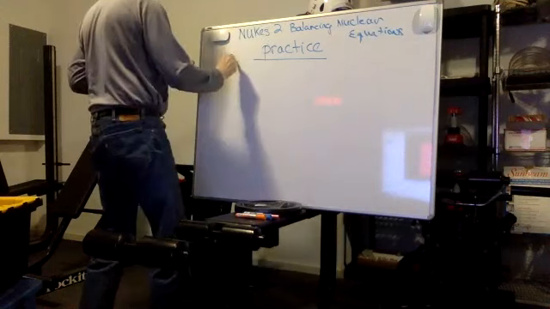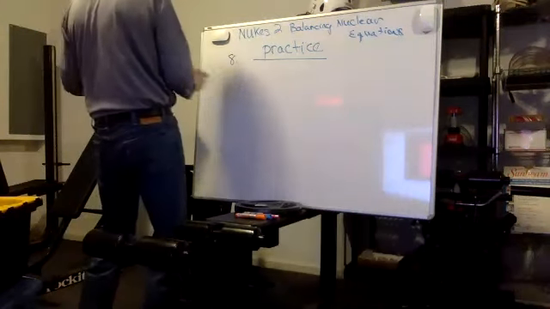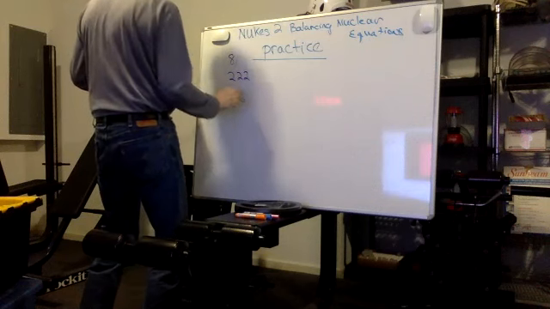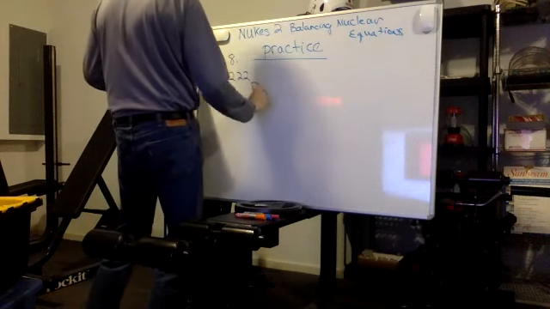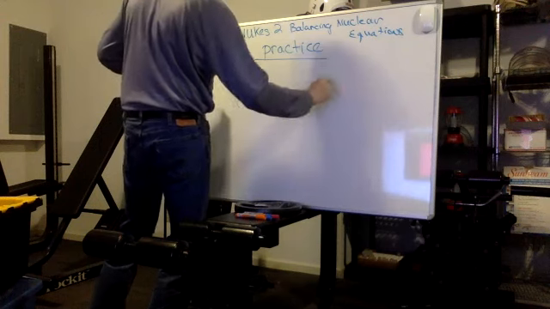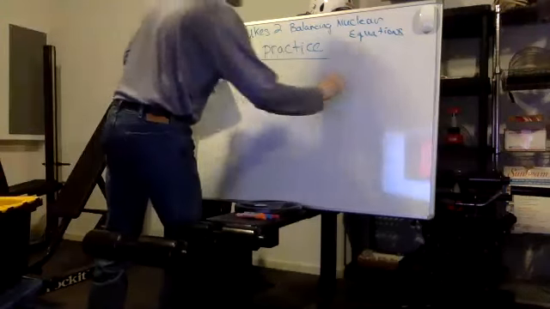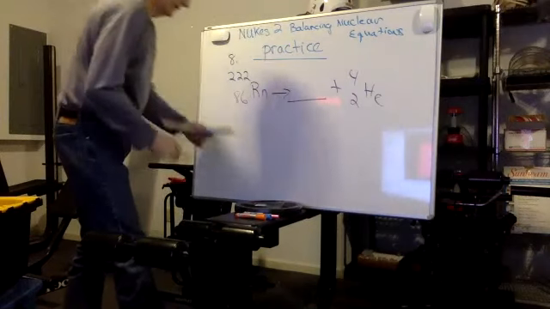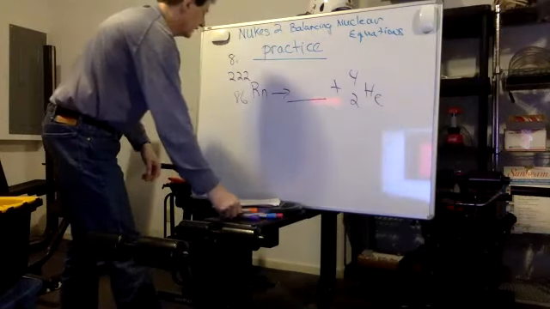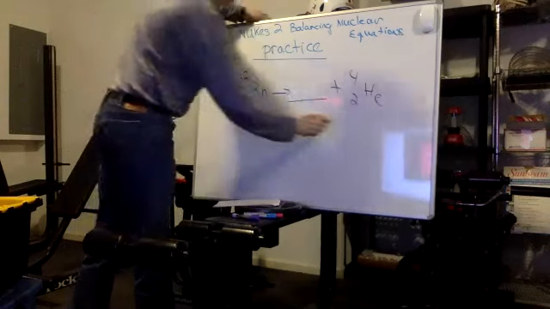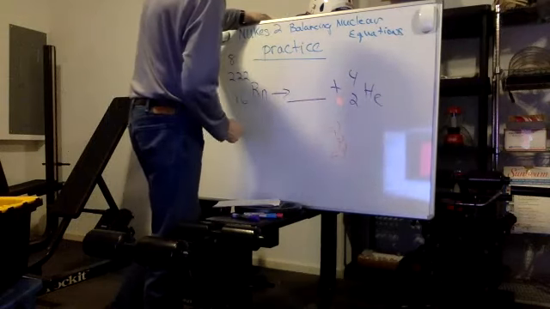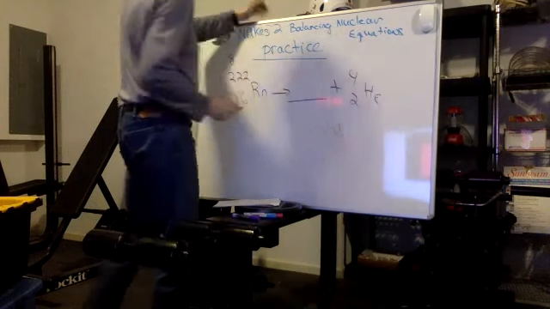Number 8, we got 222, 86, 2 blank, HE. So we're going to do the top first, 222, we bring that over, and subtract 4, and that's going to be 218 on top.